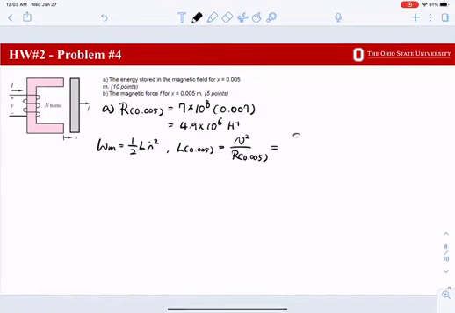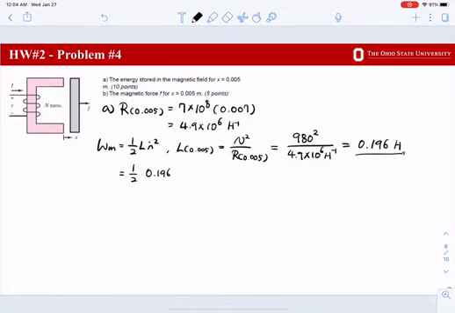That is equal to 980 squared over 4.9 times 10 to the 6, right? So that should be 0.196 Henry.